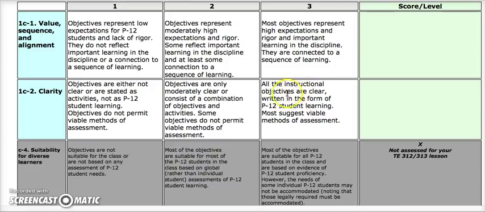Is the instructional objective written in a clear format? Yes. Putting that condition first often prevents it from being too wordy, having less important non-measurable words included. So keep that in mind. And then it does suggest viable methods of assessment.